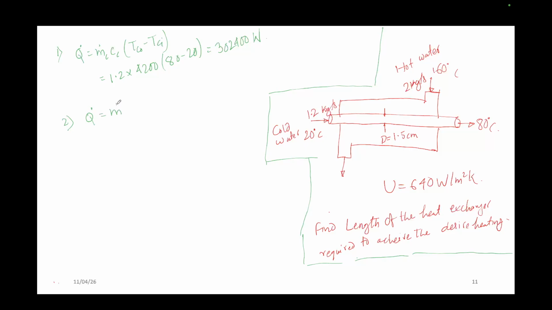It is m dot H C dot H (THI minus THO). So Q dot I already know. M dot, what is m dot H? C H?